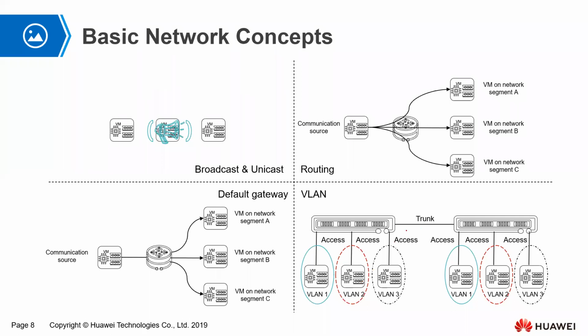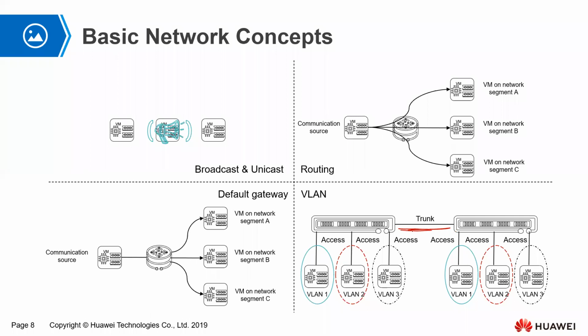So we also have another link here, which we call a trunk link. The trunk link helps us connect a switch to another switch or to a router. Data of different VLANs is transmitted along this trunk link.